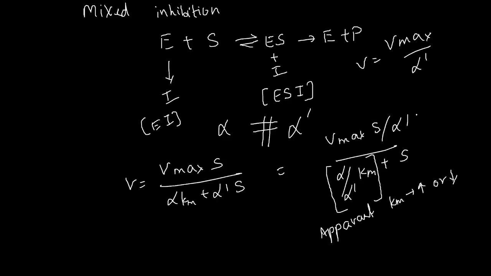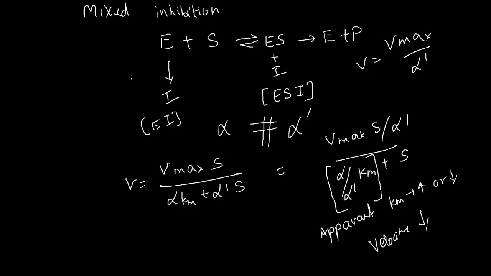So again the velocity of the reaction, or the rate of the reaction, is going to be decreased. Okay, so this is the mixed inhibition, where the value of alpha and alpha prime is not equal because the inhibitor is binding to the free enzyme as well as to the ES complex with different affinities.